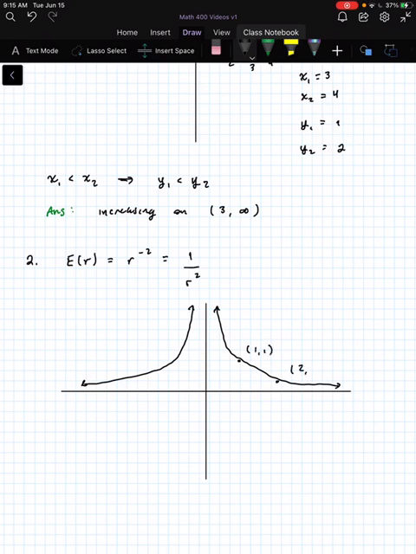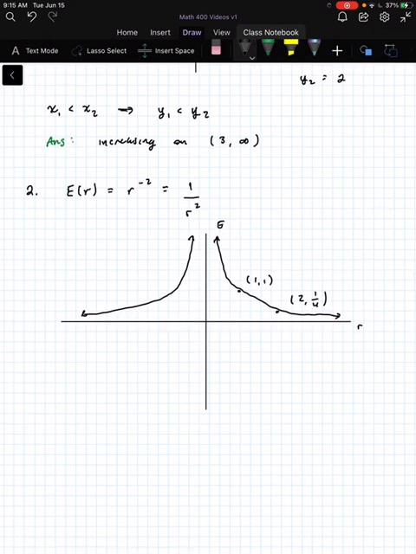It passes through the point (1, 1) and through the point (2, 1/4). This is the graph of this function. This is r, this is e.